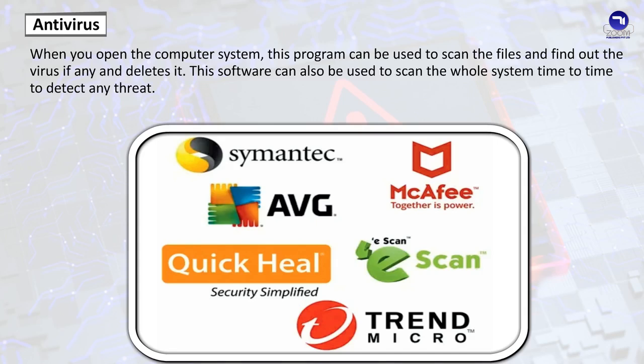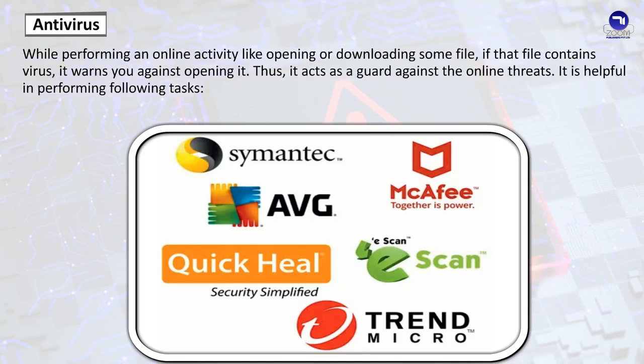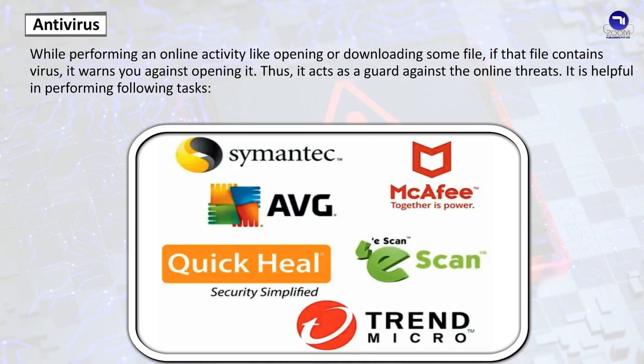This software can also be used to scan the whole system from time to time to detect any threat. While performing an online activity, like opening or downloading a file, if that file contains a virus, it warns you against opening it. Thus, it acts as a guard against online threats.